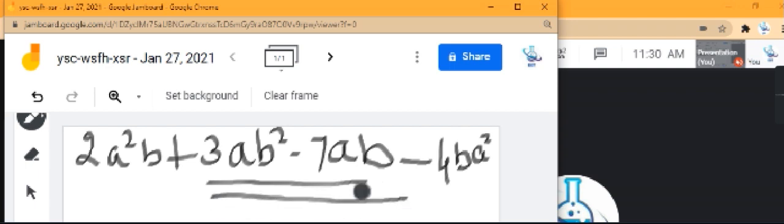Like terms are those which possess the same variables with the same powers. Here 2a square b and 4ba square both have a squared and b, so they are like terms.